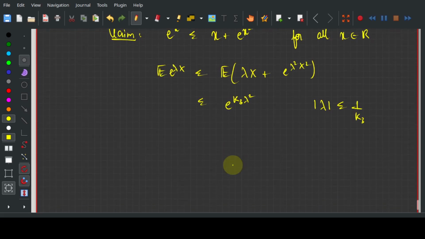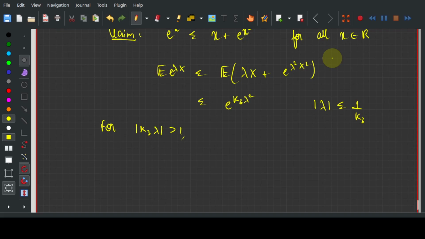So suppose that k3 lambda is greater than 1. So this is the regime of interest where I cannot simply use a bound on expectation of e to the lambda square x square.